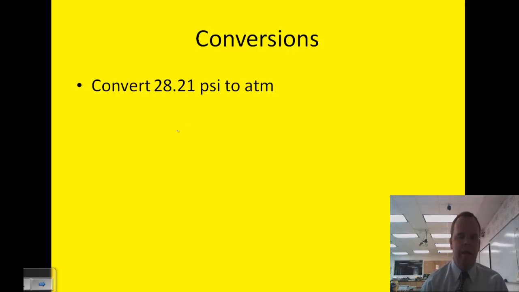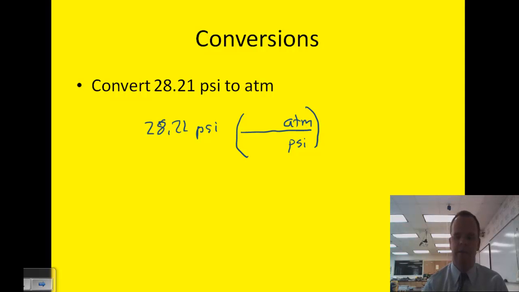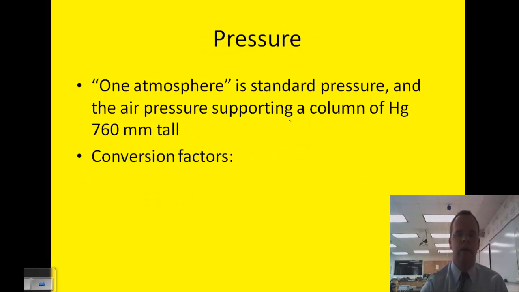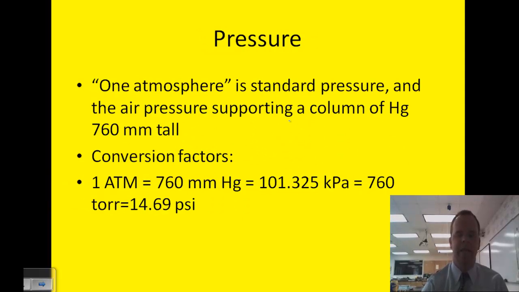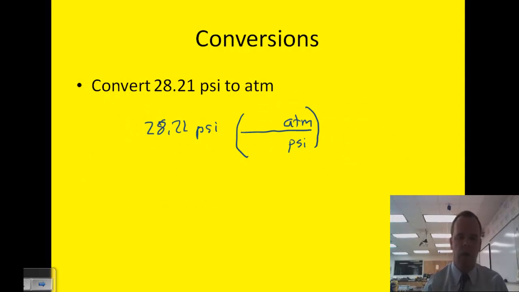One last one, 28.21 psi to atmospheres. Go ahead and press pause, try this on your own, come back and press play when you're ready to watch the answer. So we're going to cancel psi, go to atmospheres. We go back to our conversion factor, 14.69 psi and 1 atmosphere.